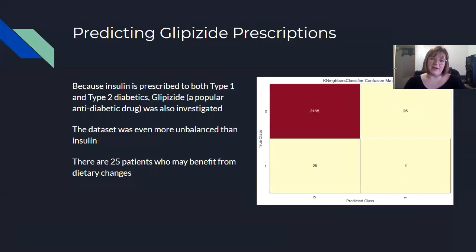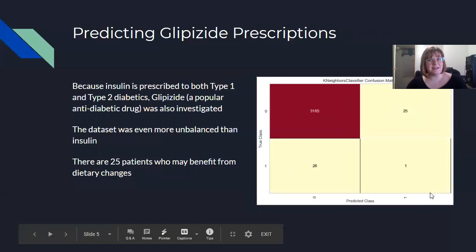And what I mean by that is that of the huge number of prescriptions that were listed, only a very small number of them were glipizide. And that makes it really hard for our algorithm to accurately predict something. So I went ahead and ran it.